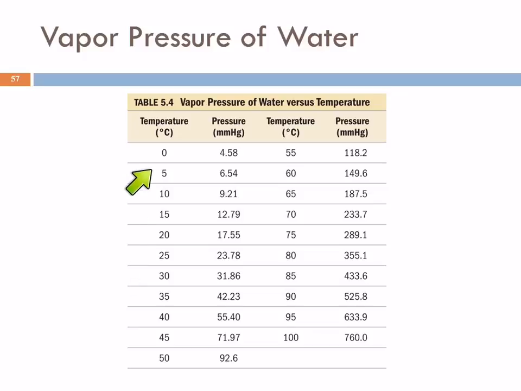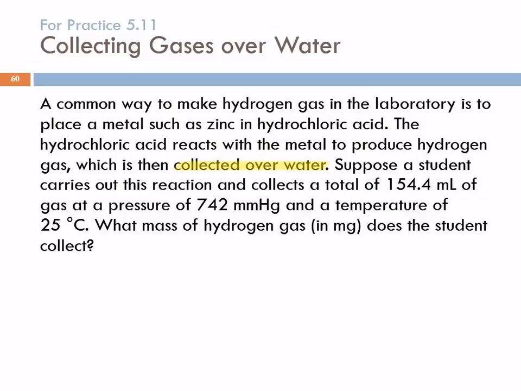So we go looking at the table. 25 was the temperature, right? 23.78 millimeters of mercury. So the vapor pressure of water is 23.78 millimeters of mercury.